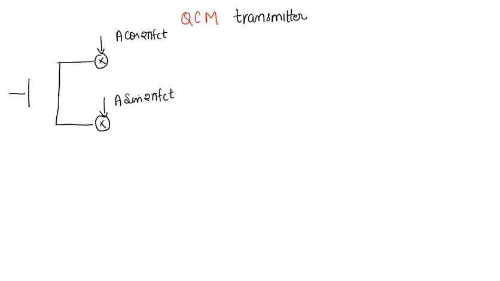And at the I branch, the in-phase part of the constellation goes, and the Q part of the constellation goes at the Q branch, and this is the bit to constellation mapper.